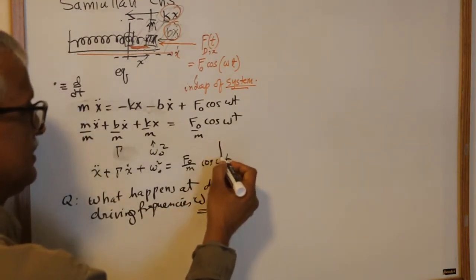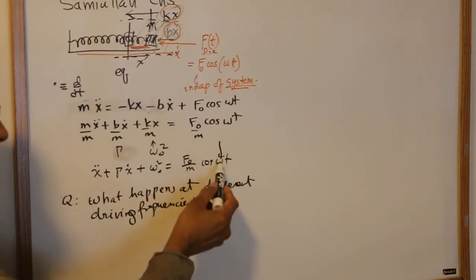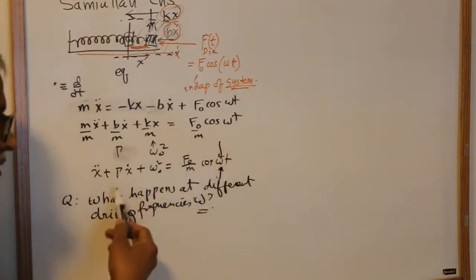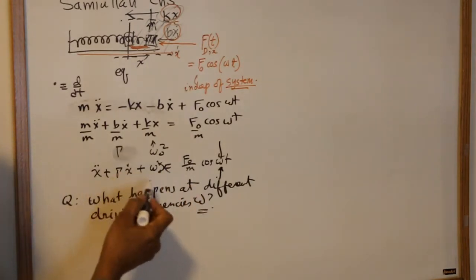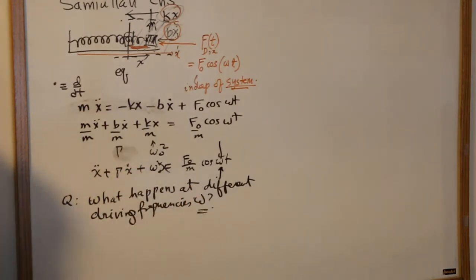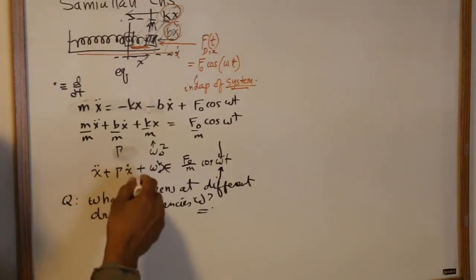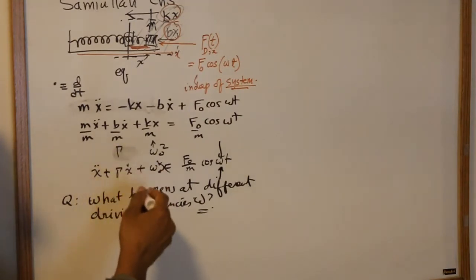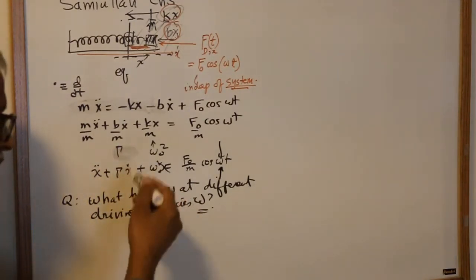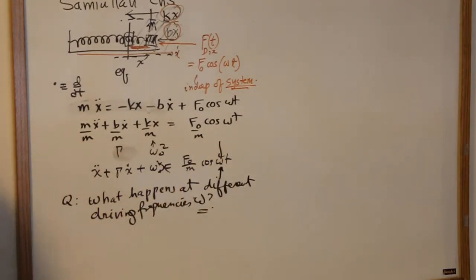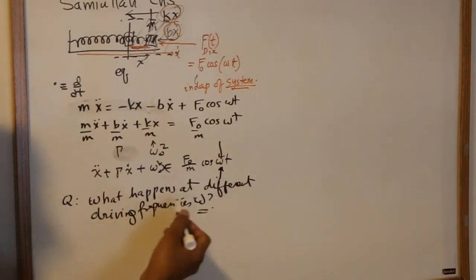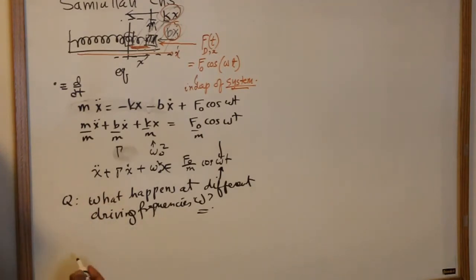Meaning, as I change this omega, which does not depend on the system, I can ask what happens to x, what happens to the energy in x, how quickly the system is damping or not damping, or what happens over a long period of time. Questions like that can be answered.